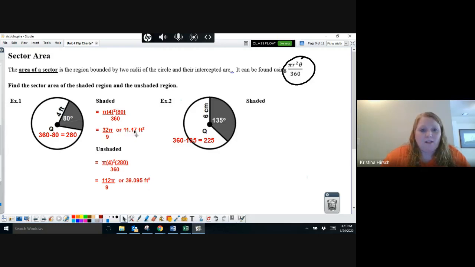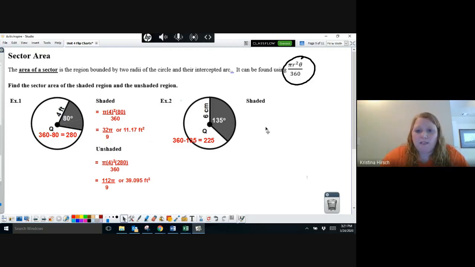The shaded part is like 11 point something, and the unshaded part is 39 point something, so it's almost 4 times as big. Does that make sense? Yes, it does, because there's a lot more unshaded than there is shaded, so the fact that the unshaded square footage is significantly larger should make sense.